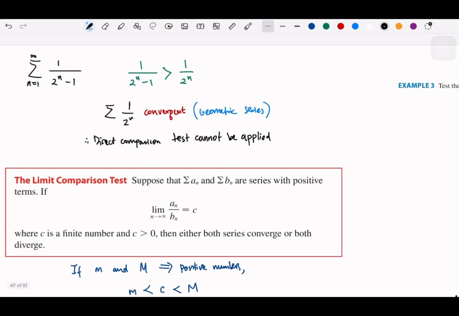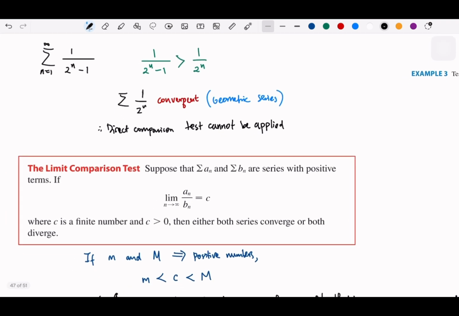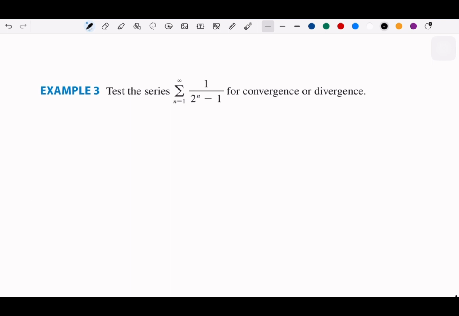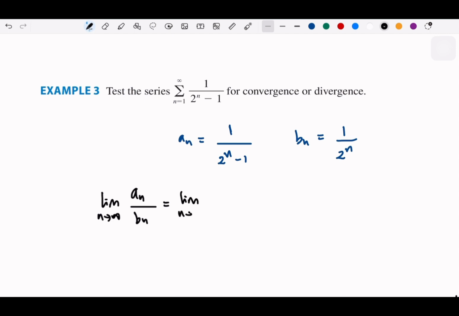Now, moving back to the original question that we started with for the limit comparison test. So if we take this limit, okay, now we can rewrite perhaps as A, and then the other one as B. And then we can take the limit. Okay, let me flip this.